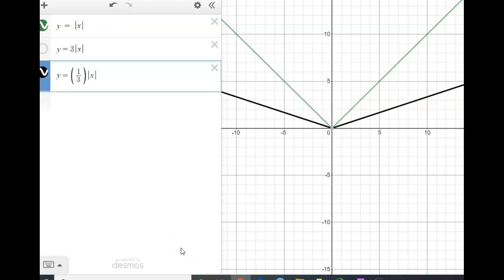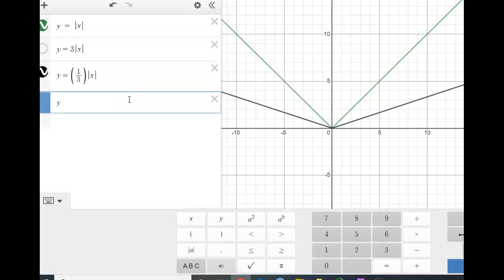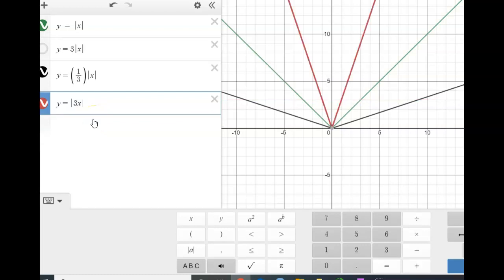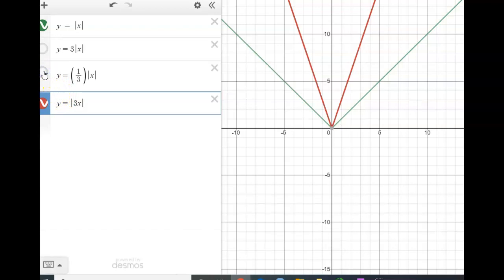Okay, and let's graph one that will look like a horizontal one, like right there. And so if we graph that, with a 3 inside, it actually happens to look like the one we had here.